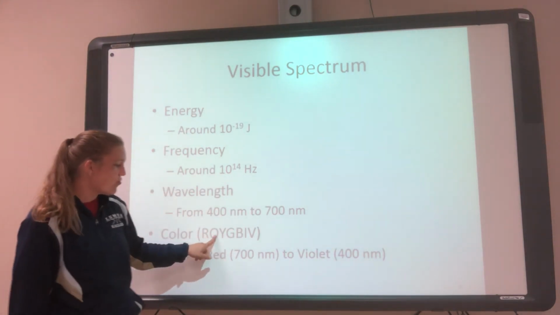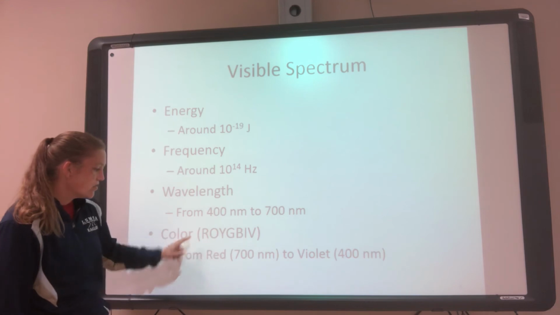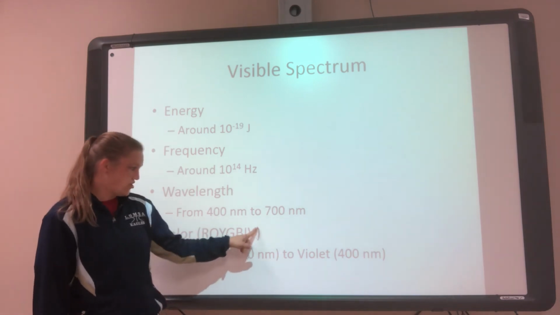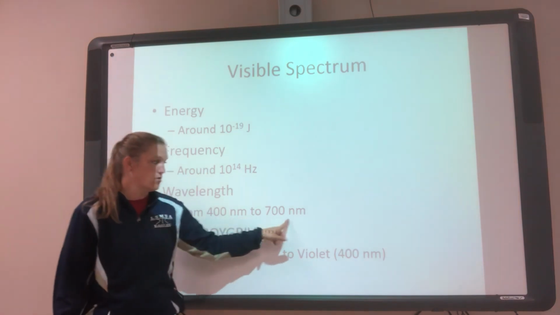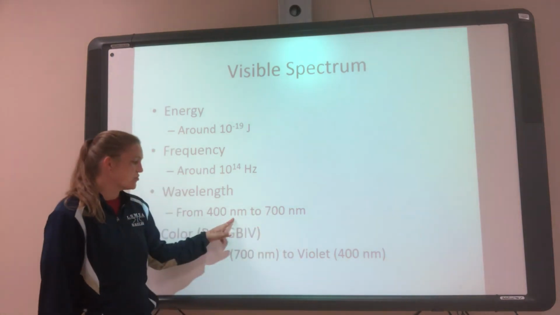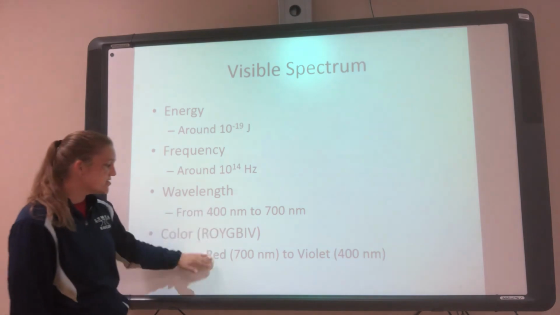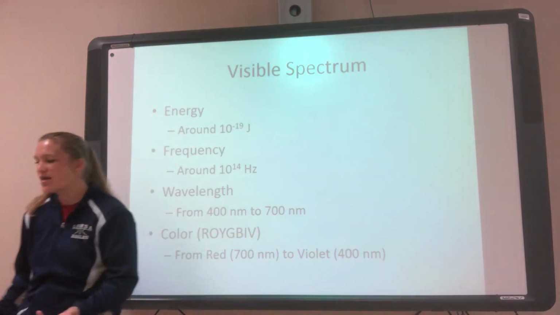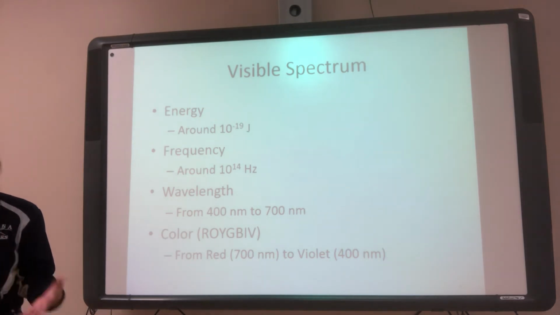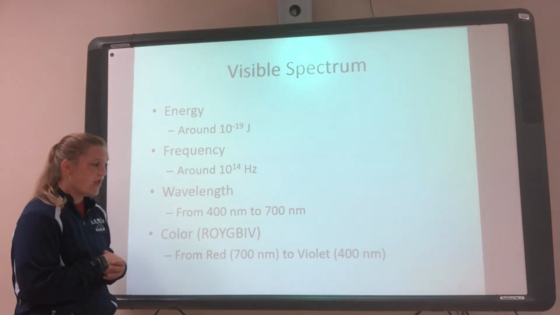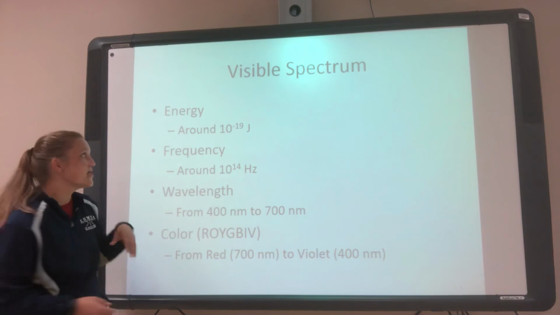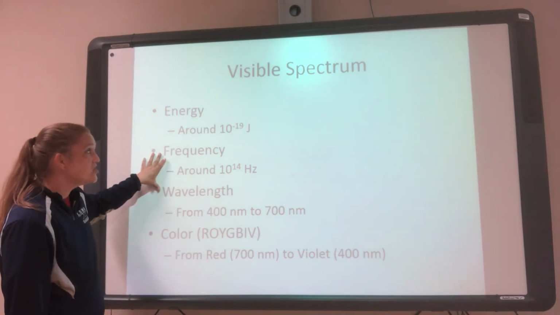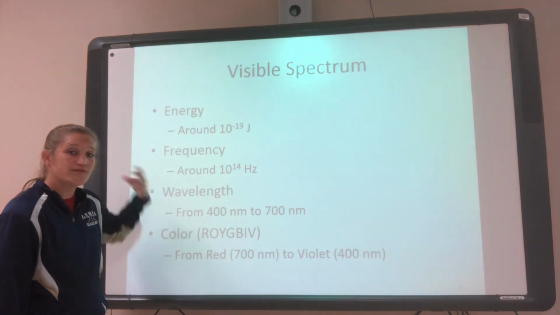I want you to know your Roy G. Biv, 750 to 400 nanometers, not meters. I want you to know the wavelength specifically, and for our energy and our frequency, I want you to just have a roundabout idea of what those are. Okay? And in the next lecture, I'm going to explain what frequency and wavelength are. How do we actually measure the frequency and the wavelength of light itself?